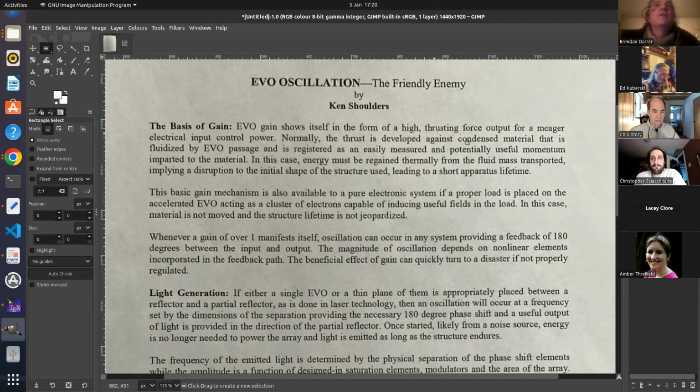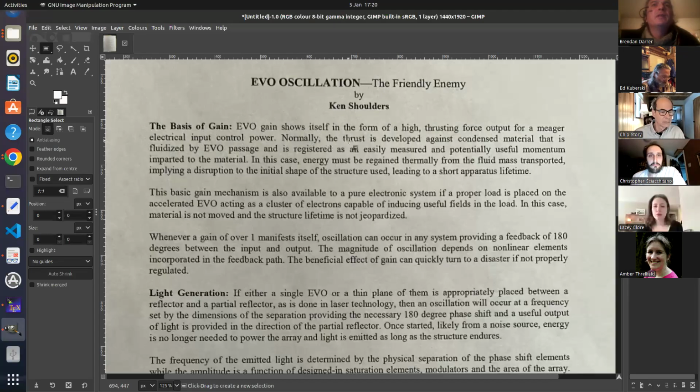Okay, so the title of this is EVO Oscillation, The Friendly Enemy by Ken Shoulders. The basis of gain. EVO gain shows itself in the form of a high thrusting force output for a meager electrical input control power.